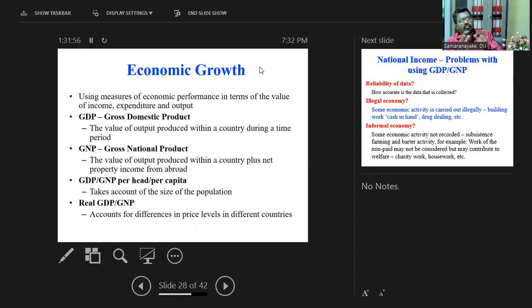These we all discussed in our previous courses. Economic growth means improvement in the performance of these particular indexes or measurements. In Sri Lanka, we discuss a lot about GDP growth, that means the economic growth, right?